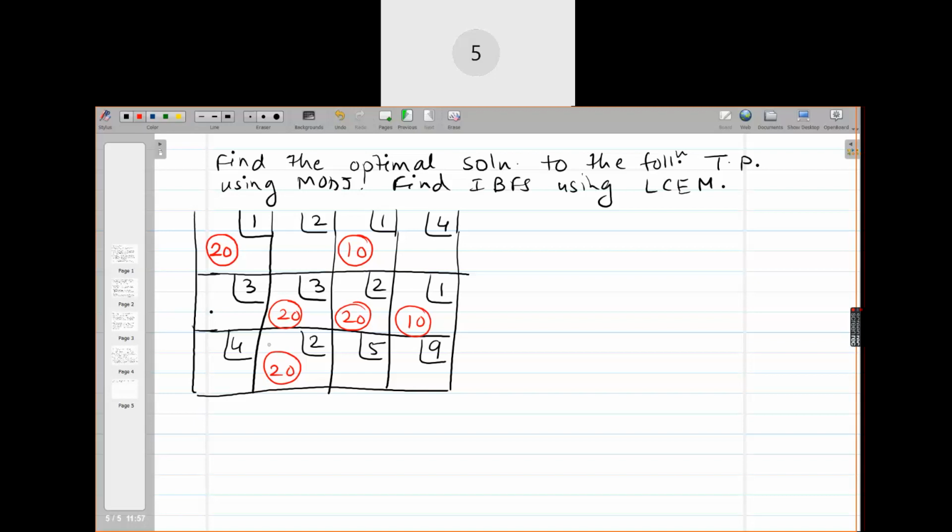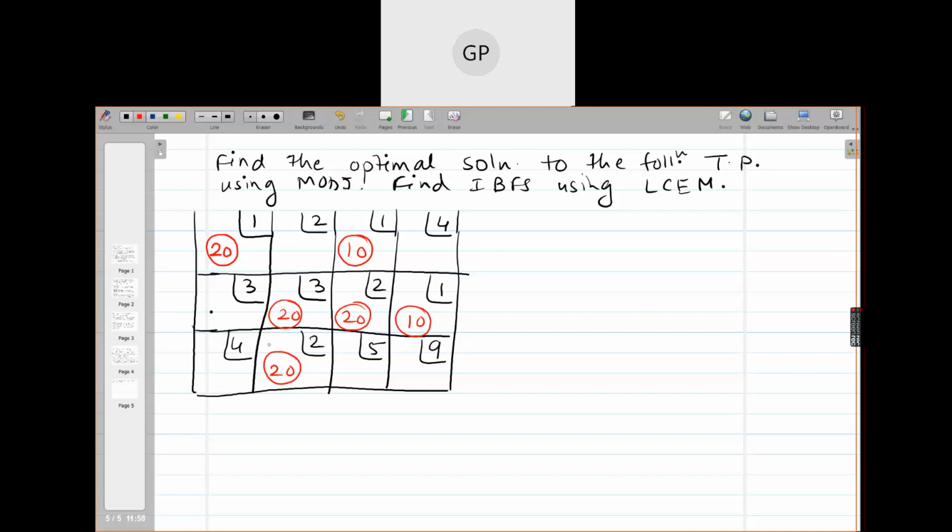From each row, calculate the row supply: 20 plus 10, 30. 30 plus 20 plus 20 plus 20, 50. 80 plus 20. So row wise, add all the numbers written in red, and column wise also add all of them. Total should be same. So total is 100. This is of course a balanced TP.